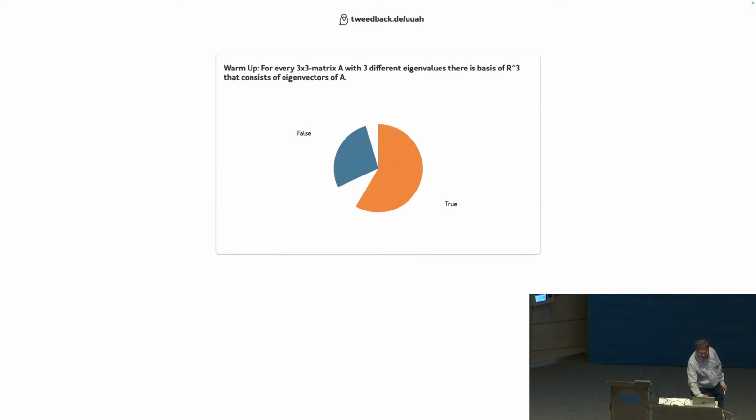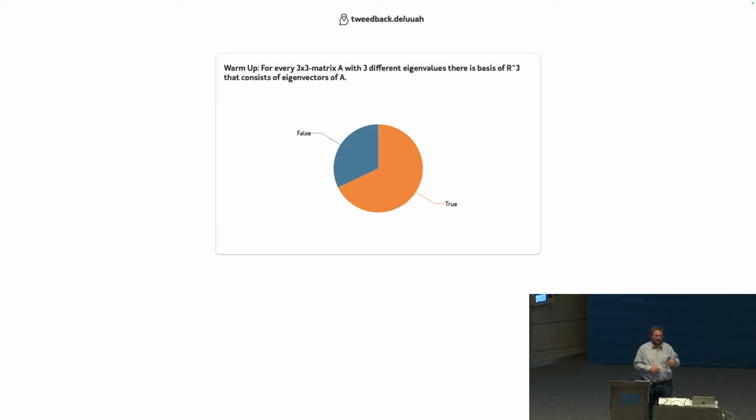And here is the result. Most of you said this is true, and thankfully you're right once again. For a 3x3 matrix, we need 3 linearly independent eigenvectors to have an eigenvector basis. We have 3 different eigenvalues, and we have learned that for each eigenvalue there is at least 1 eigenvector, and eigenvectors that belong to different eigenvalues are always linearly independent.